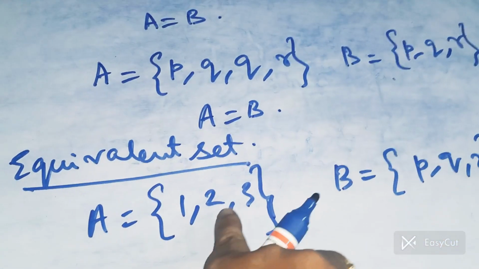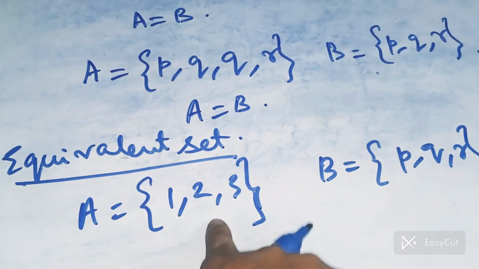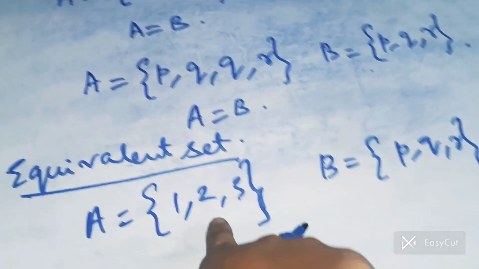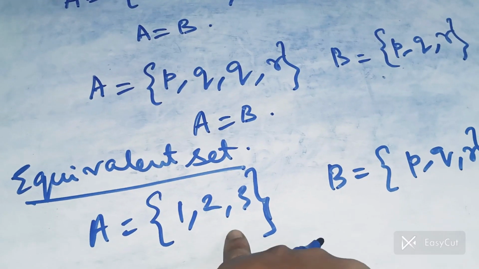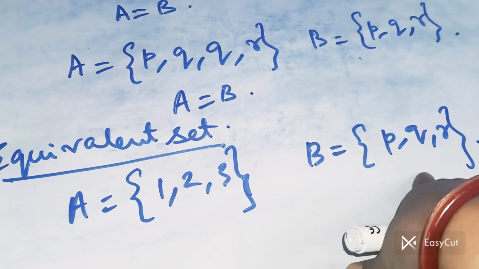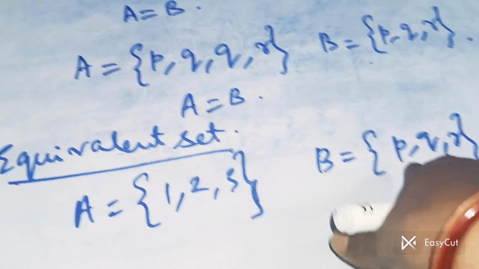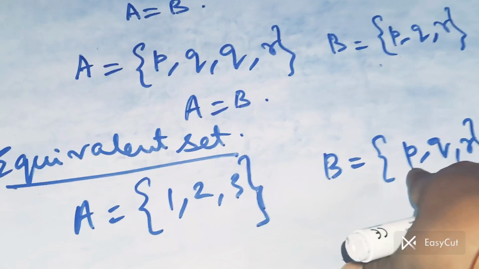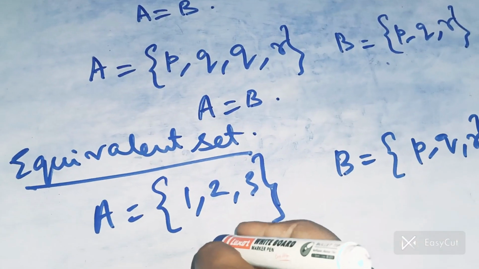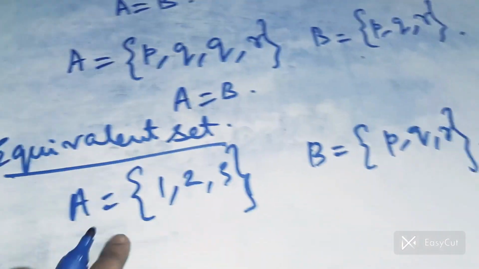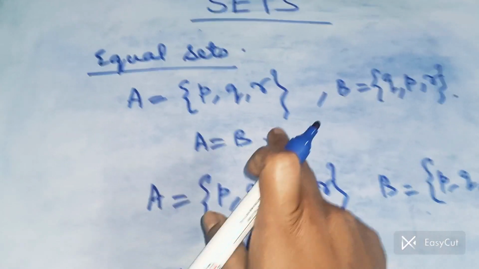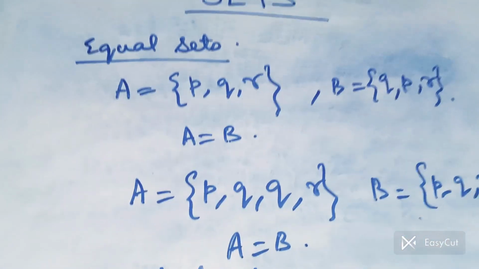They might not be the same: here there are numbers, and here there are alphabets. But the number of elements in set A is 3 and in set B is also 3. Maybe the elements are different, but they are called equivalent sets. A and B in this case are equivalent sets. They are called equal sets when the elements are the same.